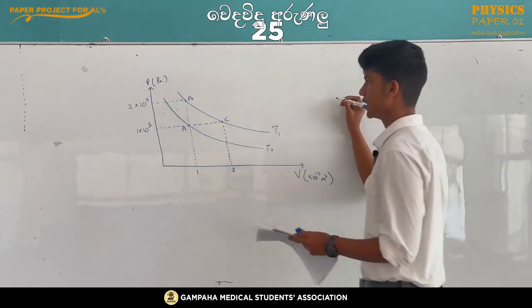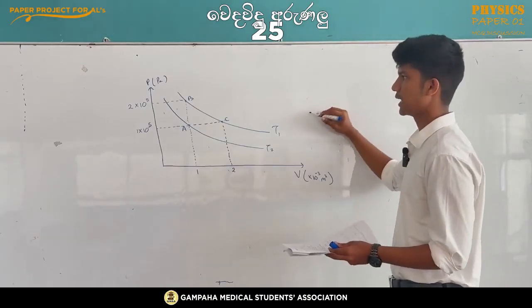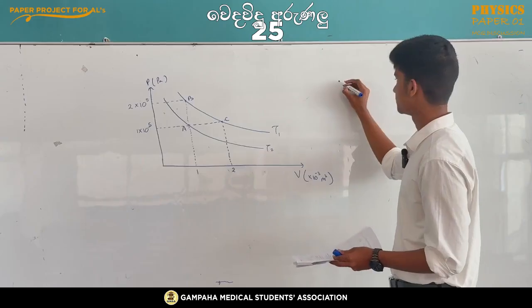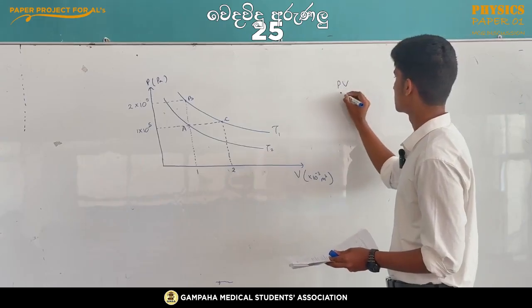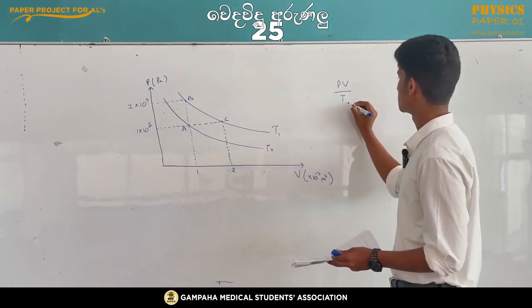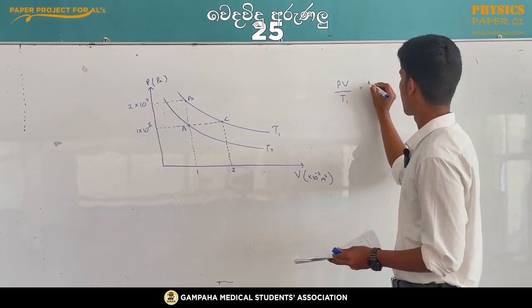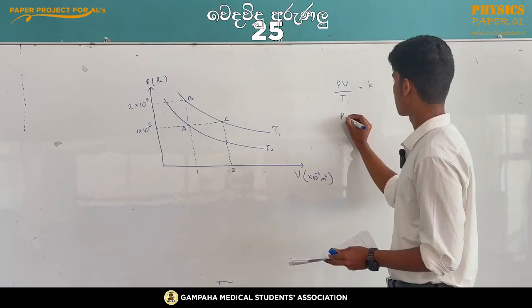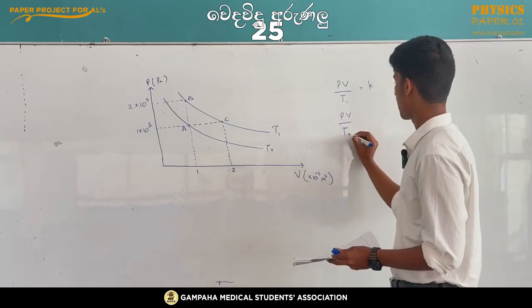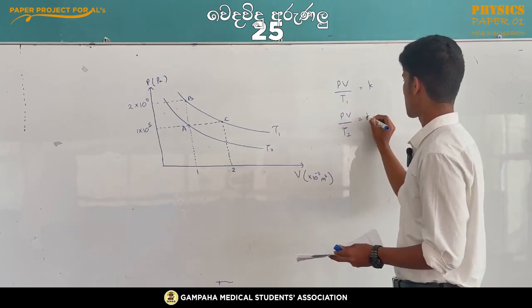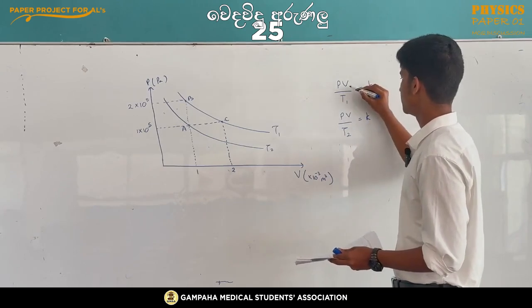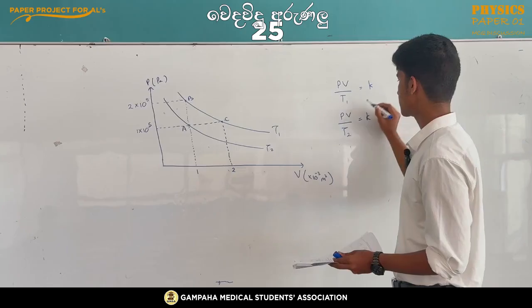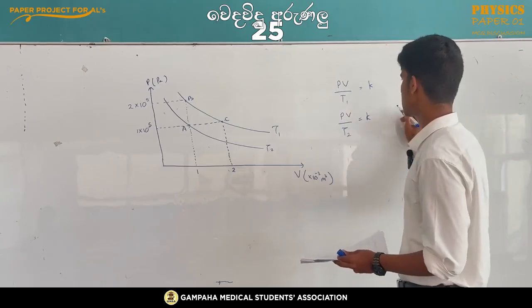you can apply the combined gas law to the gas at T1 and T2 separately. As you can see, PV over T1 is a constant, and PV over T2 is also a constant.